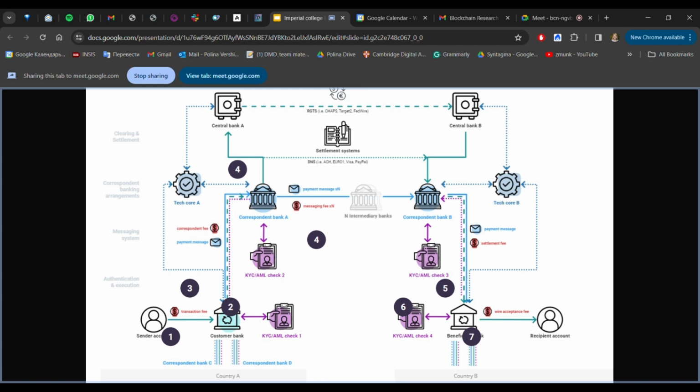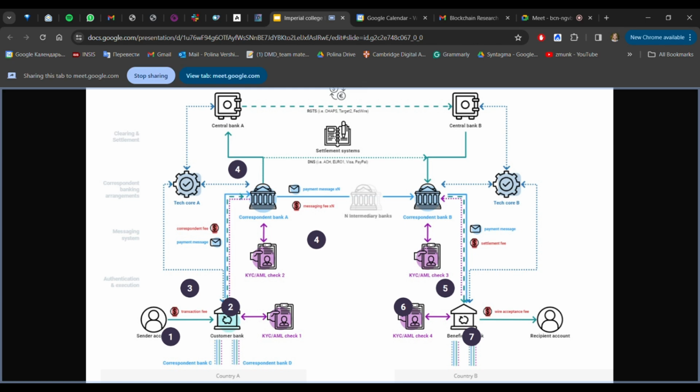The red one is fees. The blue message is anytime when there is some sort of communication happening between parties. And there is this purple KYC, know your customer, regulatory compliance checks.